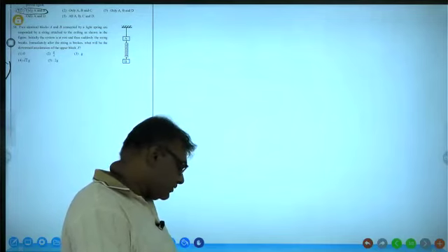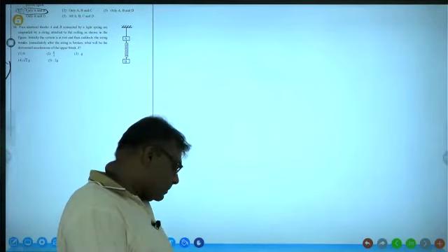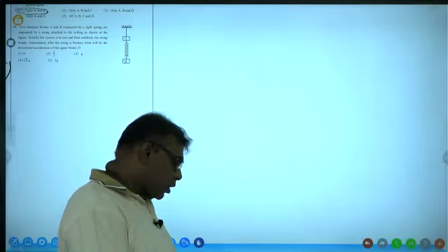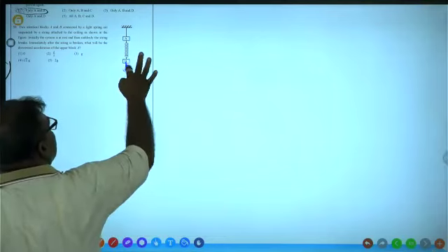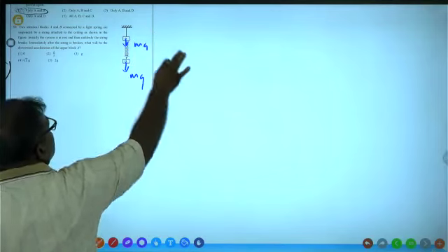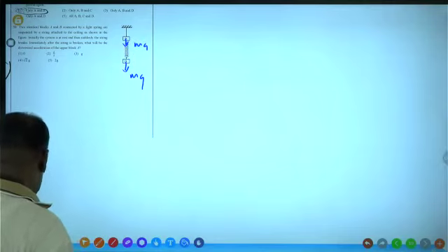Immediately after the string is broken, what will be the downward acceleration of the upper block A? Now this is at rest. The forces, if we mark them: this one has the weight mg, this is also having the weight mg, no? That's the thing.